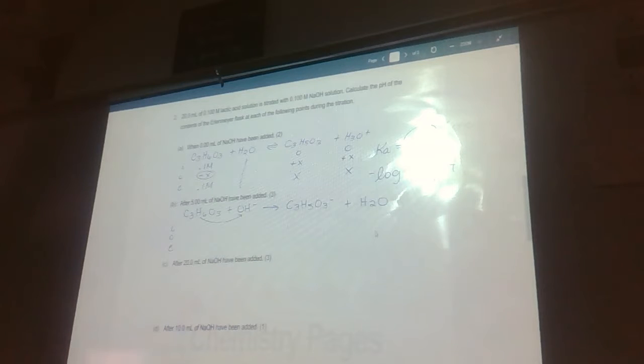Okay, so this time our moles, our molarity, our volumes don't match. So we're going to have to put moles in the ICE table and then go back to molarity later.